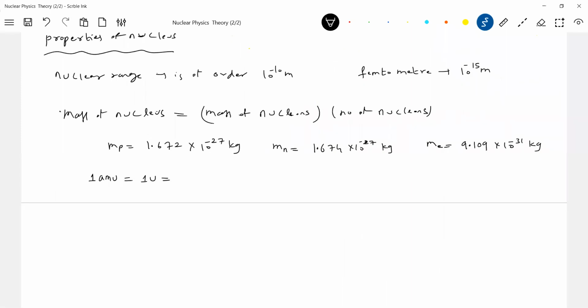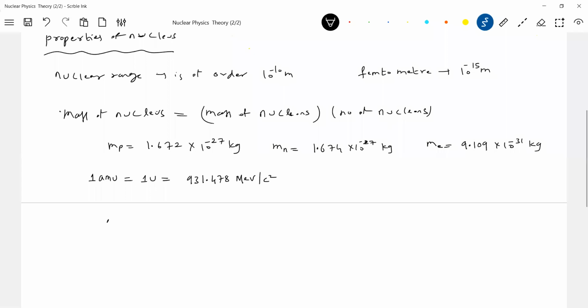So what is it equal to? 931 point something. How do we define 1 AMU? It's the unified atomic mass unit.